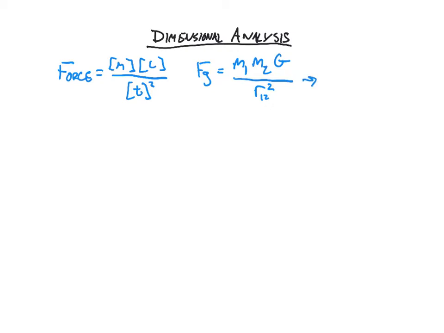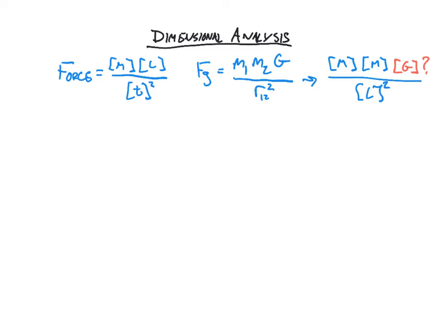In other words, this has units of mass times whatever units G is divided by length squared. So what are the units of G? Well, we can work backwards now, right?